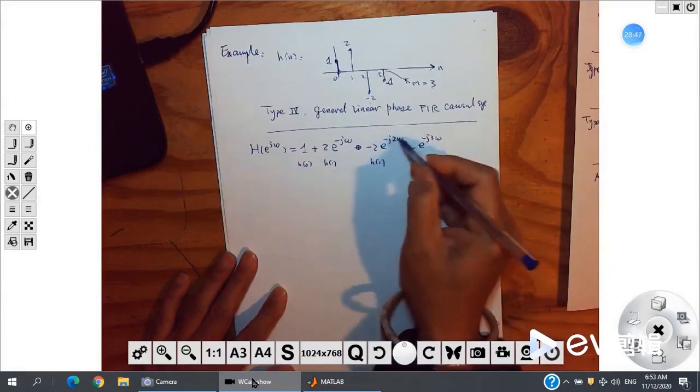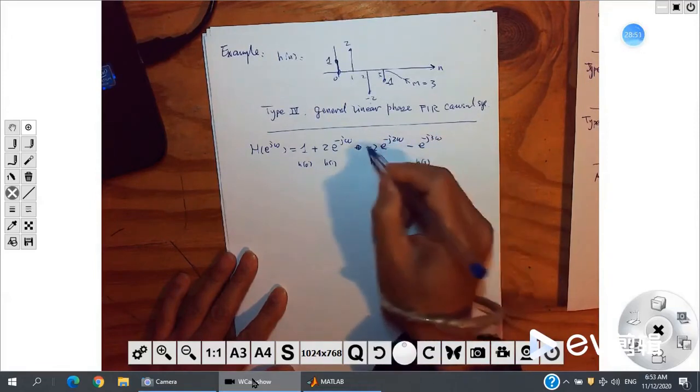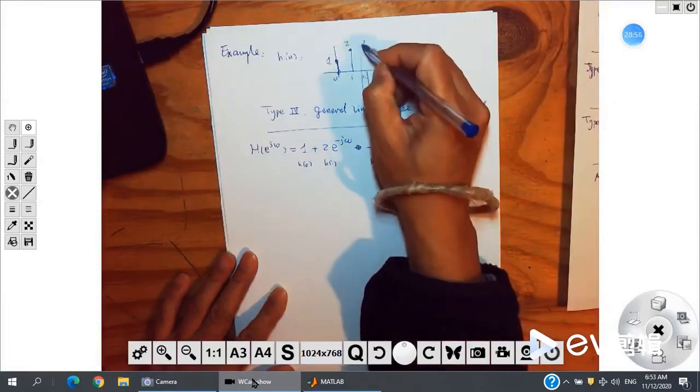Then we remove one of the exponential powers out, where the power will be in the middle, so there will be 1.5. The middle is here, alpha equals 1.5.